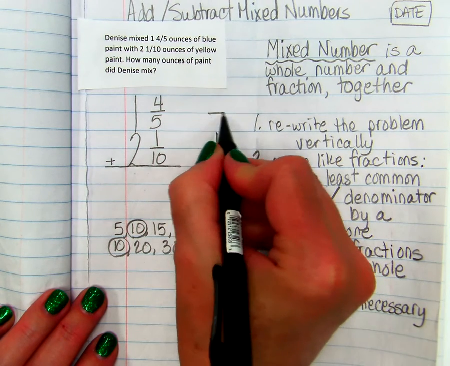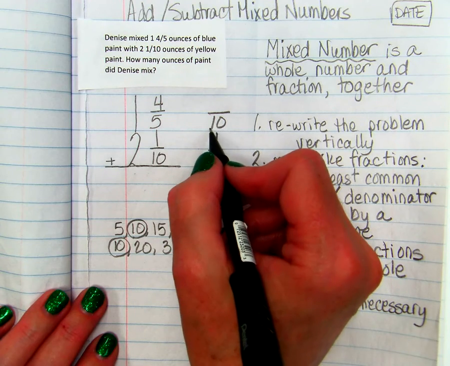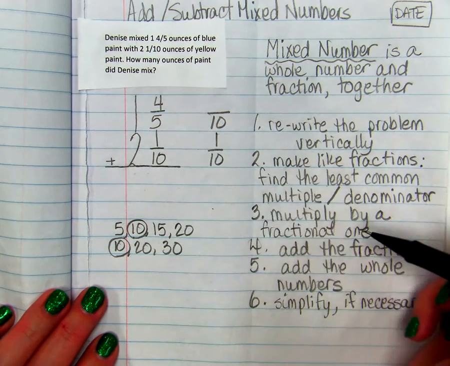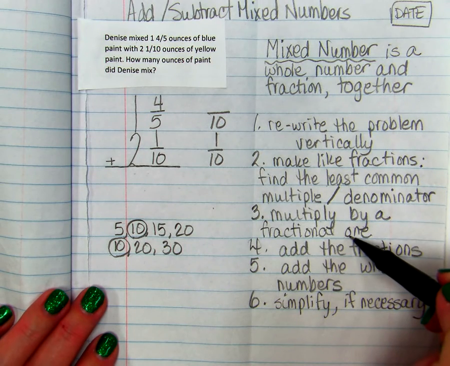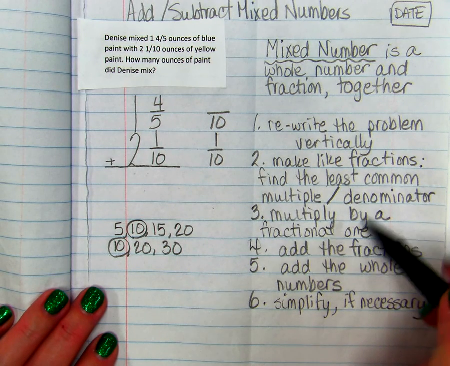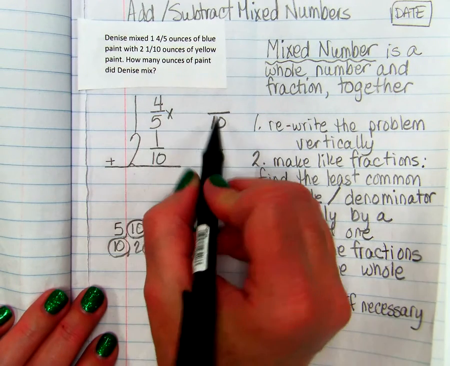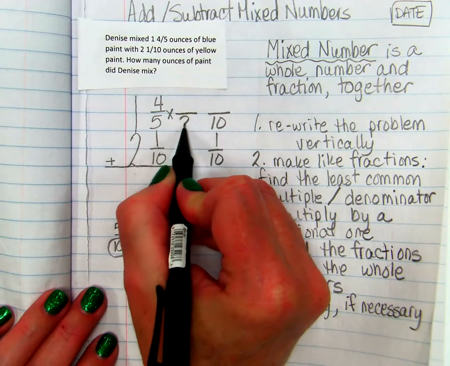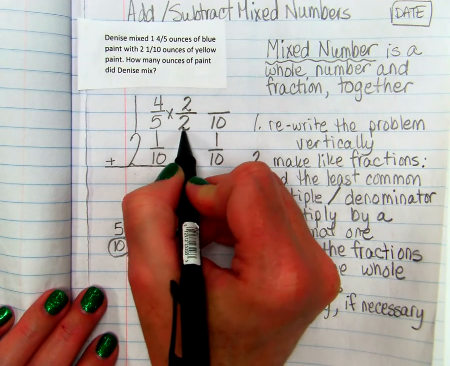We want this fraction to become tenths. That is my target denominator. What fractional 1 do I multiply by? Well, I know that 5 times 2 is 10, so my fractional 1 is going to be 2 halves.